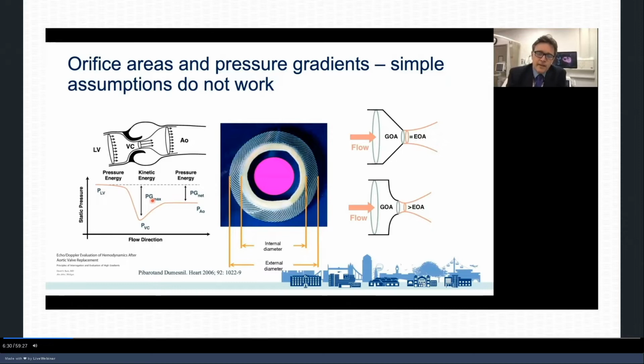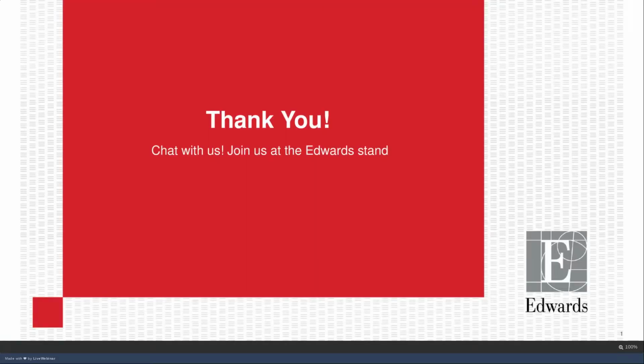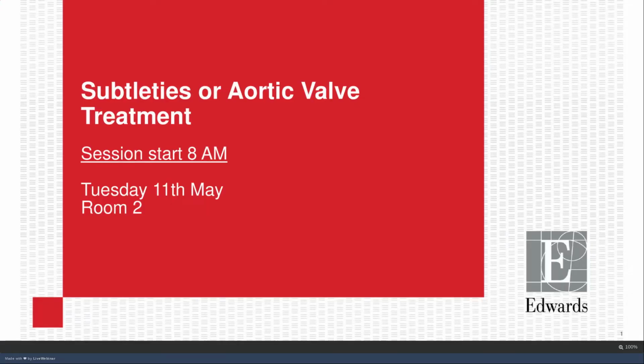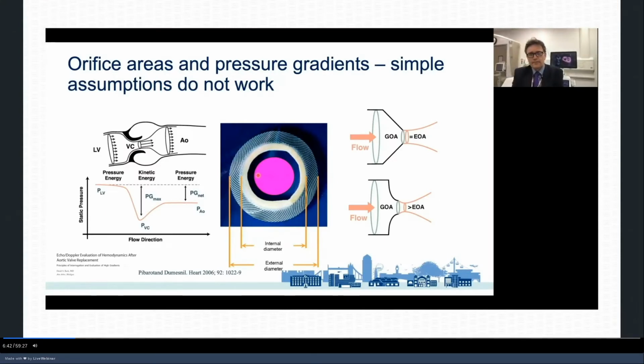The second, and I think a really important point, is that the geometric orifice area, this purple splodge on the diagram, is not the same as the effective orifice area as measured by Doppler. Things such as the shape of the valve, the shape of the LVOT, and particularly the flow can result in a different effective orifice area to a geometric orifice area.